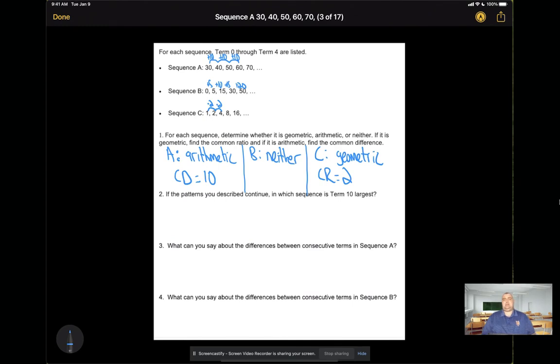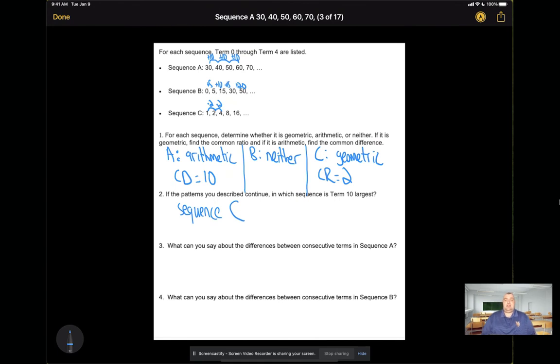So if the exponential graph increases at a faster rate, that means the geometric sequence that goes with that will also increase at the faster rate. So without even having to find any more terms, I can say without a doubt that sequence C is going to have the largest term 10.